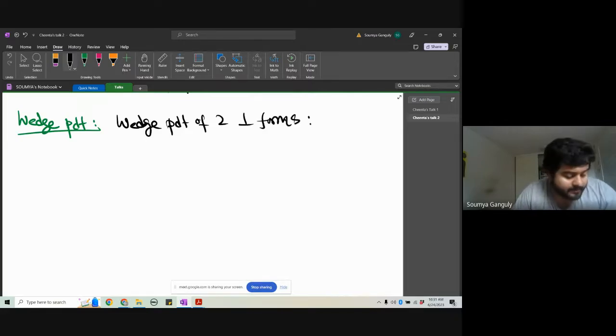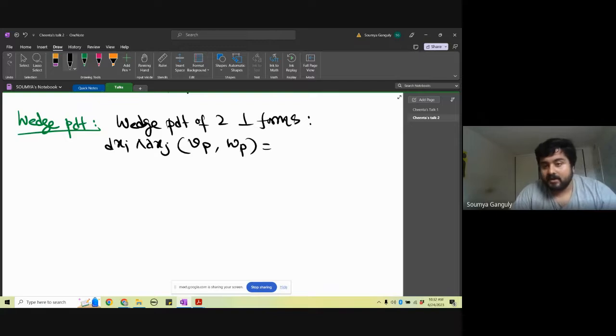So how do you define them? It basically creates a two form. What do you mean by a two form? One form, what did it do? One form takes a single vector and gives a number as output. So a two form will take two vectors as input and will give you an output, which is very interesting.